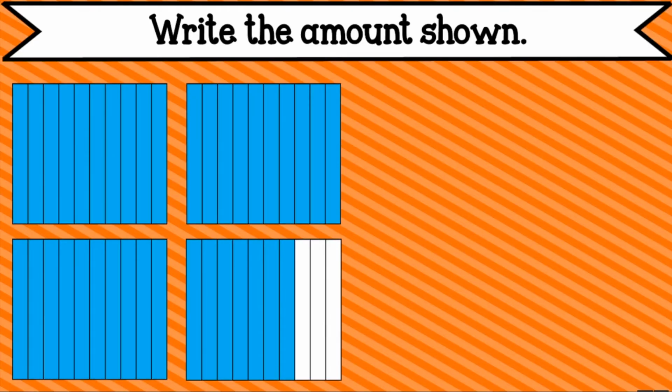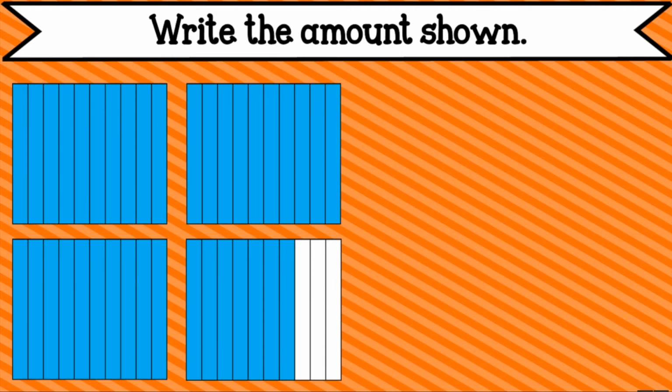So this is where you are going to go ahead and look at your companion worksheet that you have, and you want to look at number 1 for write the amount shown, and check out these rectangles that we see here. We have 3 whole rectangles colored in, and then we have a 4th one that is not completely colored in. There are only 7 of the 10 rectangles colored.